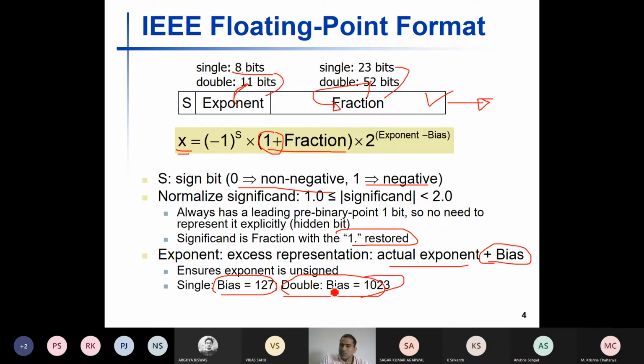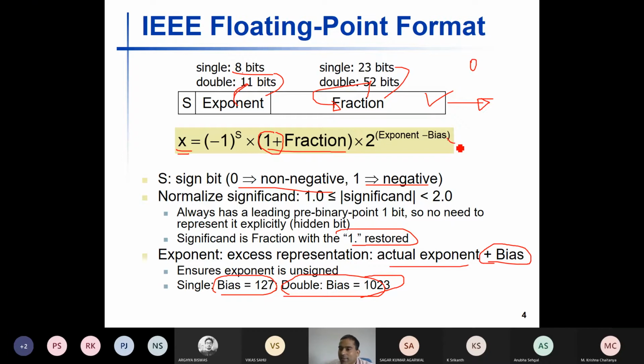Okay, so now let us try to answer why we use the bias. Suppose I don't use the bias. Now I will store only unsigned exponents in 8 bits. Unsigned means my lowest number is 0.